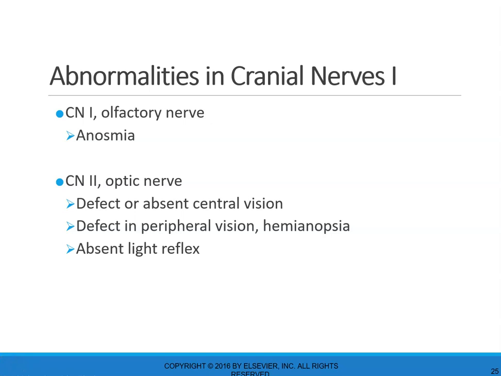So with cranial nerves 1 and 2, with 1, you may note an abnormality, and that would be a decrease or a loss of smell bilaterally, as I said earlier. And then with cranial nerve 2, the person loses part of their visual field.